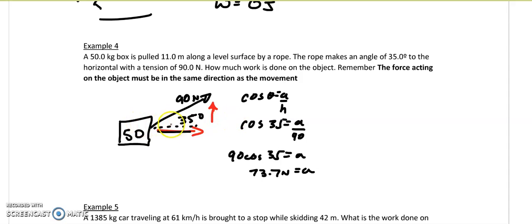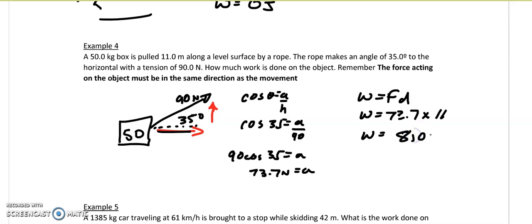And that, as it's being dragged along 11 meters, is the amount of force that we're using. Right? So that's 73.7 multiplied by 11 meters. That gets you 810 joules of work.